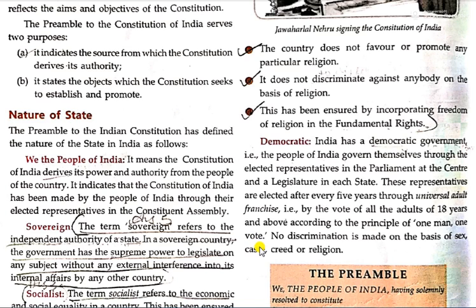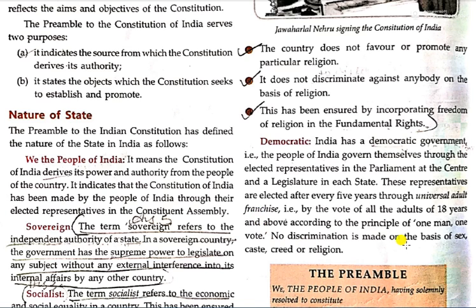Universal adult franchise means that every person who is 18 or above has the right to vote, and one person has only one vote. A person cannot have 2 or 3 votes.